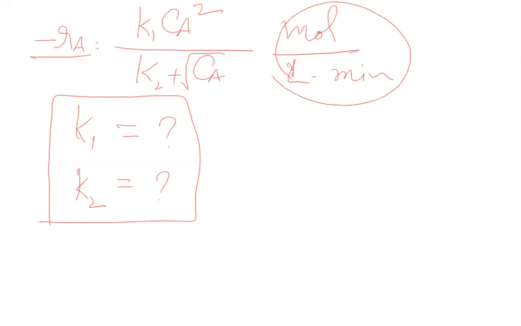First, you should write K2 units because this is in the denominator. K2 should have a root CA unit. So this is root of mole per liter, K2.